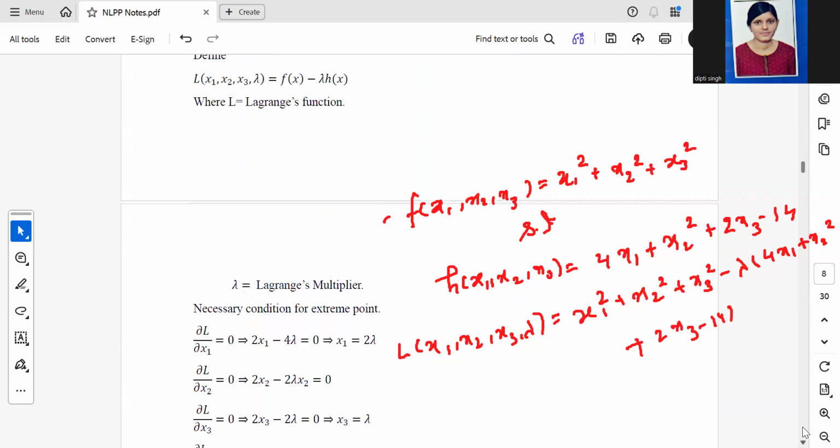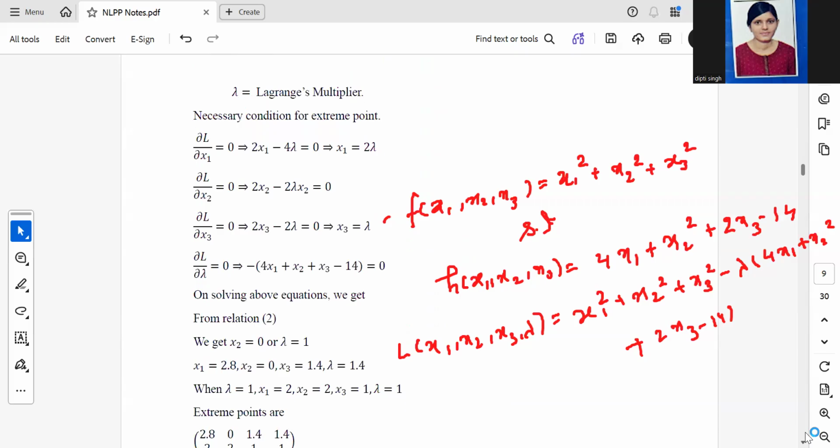First, the partial derivative of L with respect to x1: this is twice of x1, and the other terms are 0, except minus 4 lambda. This is equal to 0, so from here we obtain x1 equals twice of lambda.